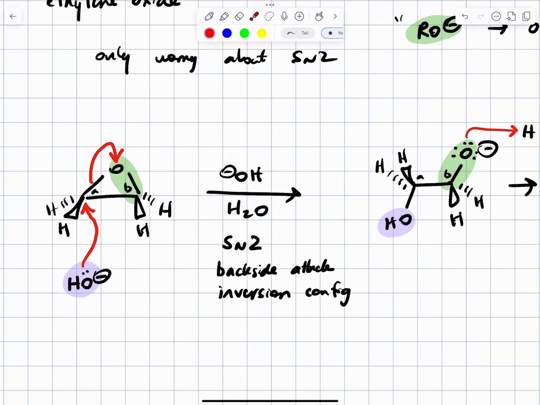And you show backside attack by having these two substituents, which were a wedge and a dash, but angled towards the bottom of the page, be now a wedge and a dash, but angled up towards the top of the page. That's how you show inversion from this perspective. You do not switch wedges and dashes in this perspective. You just tilt them from being towards the bottom of the page to being towards the top of the page.